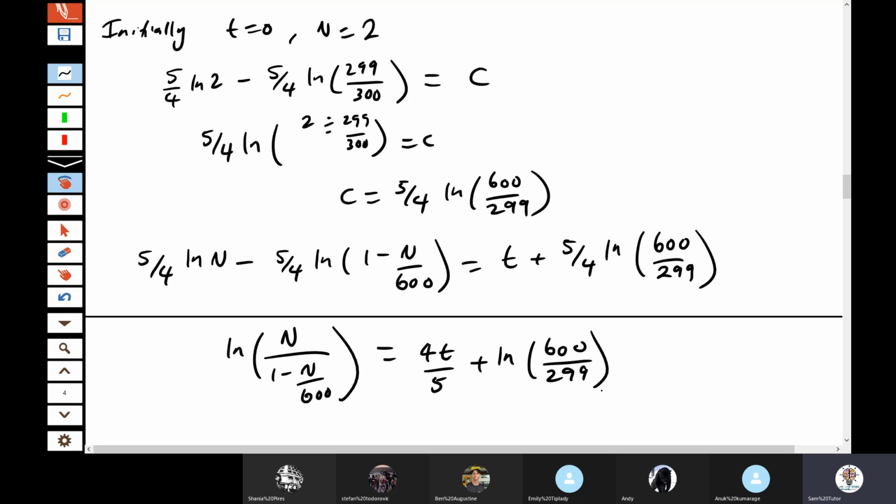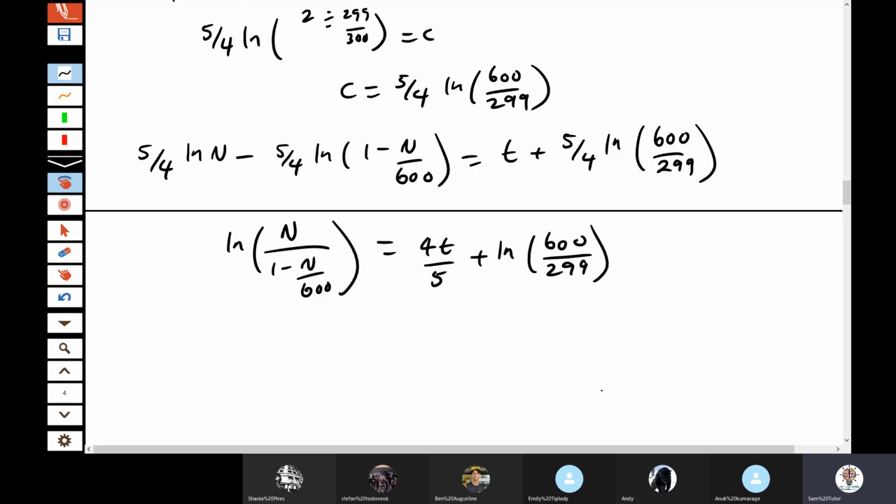Then we're going to exponentiate everything. e to the 4t on 5 plus log 600 on 299. Again, same as general.